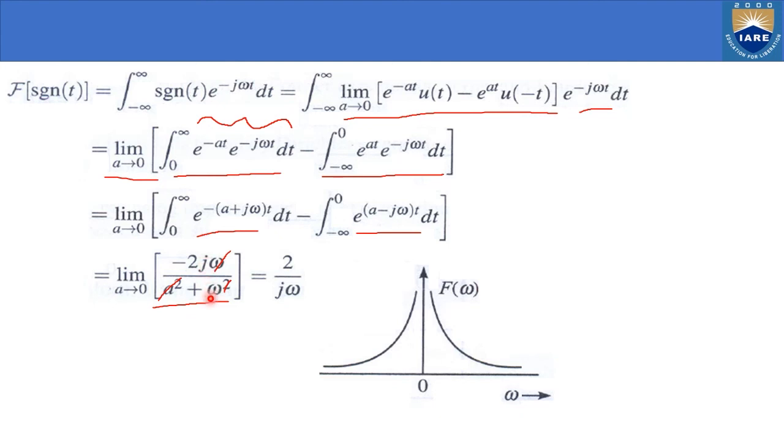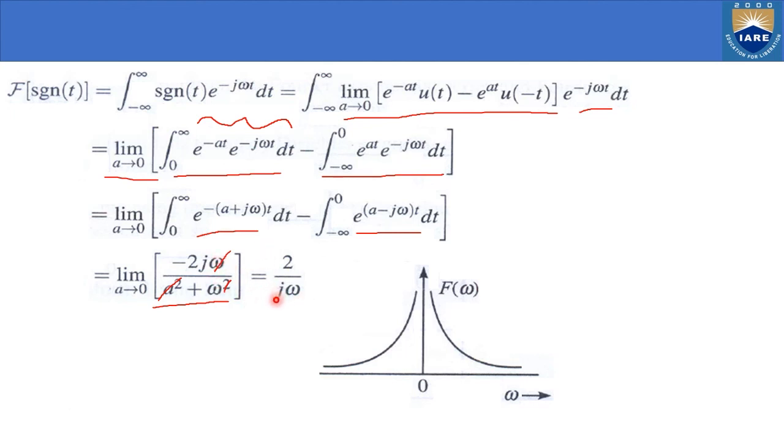Here j square means minus 1, minus and minus plus, so 2 omega I will get, and here one omega is gone, correct? So only one omega, and in the denominator you have one j, because you multiplied the numerator with j and the denominator also with j, so j square gives minus and minus plus, plus 2, and here I will get j omega: 2 by j omega.